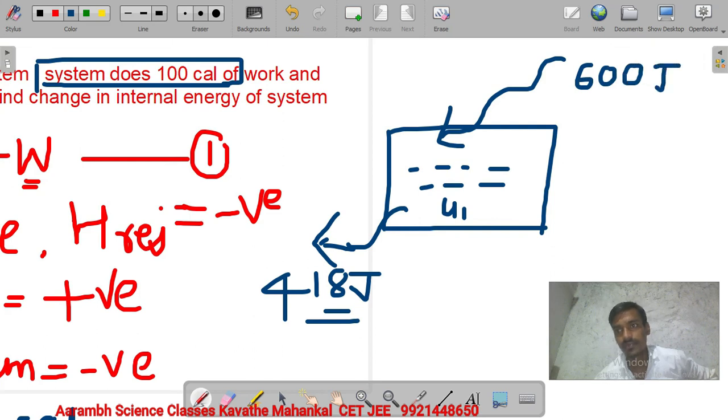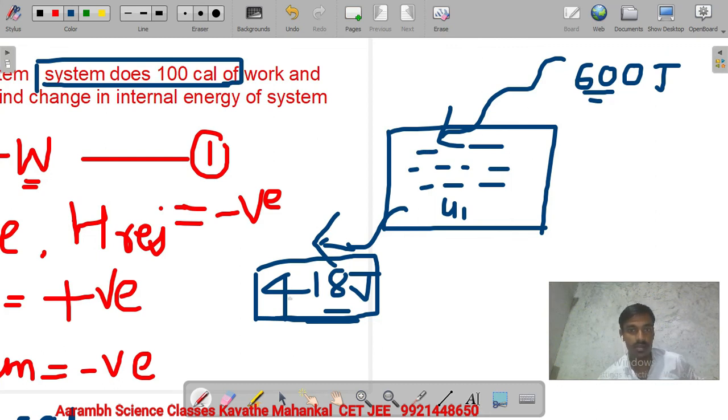We can clearly see that 600 joule is coming into the system, and only 418 joule is leaving from the system. Thus the system increases its internal energy by the remaining amount. The 600 is coming and only 418 will be transferred out of the system.